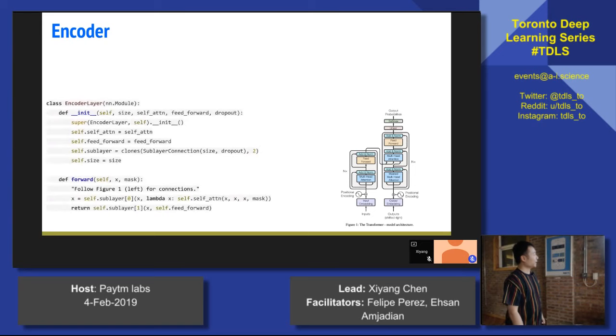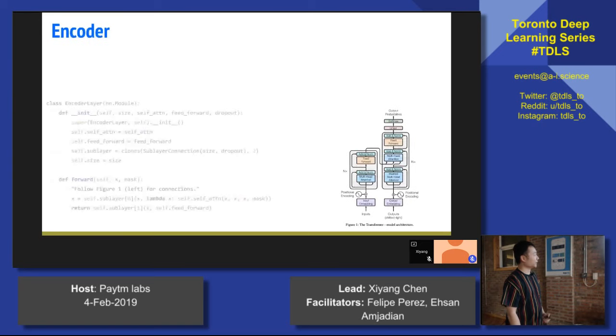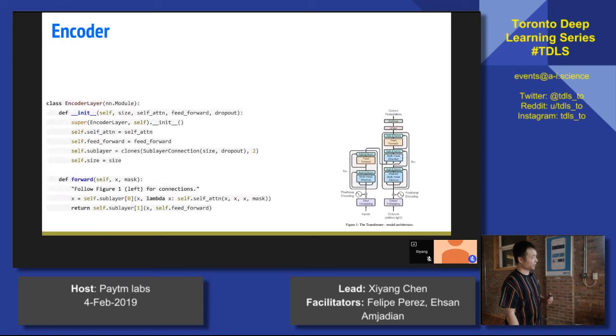So now we get into the encoder part, which is the input. You feed in the English, and it goes through this encoder portion. If you drill down, it goes through the sublayers, which we're going to go into in a moment, and we also have something called a feed-forward network.